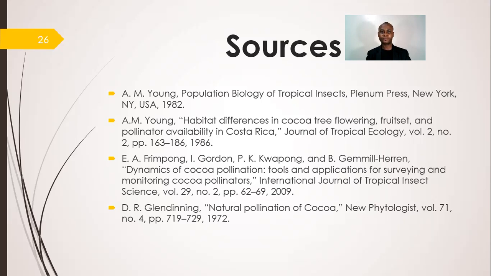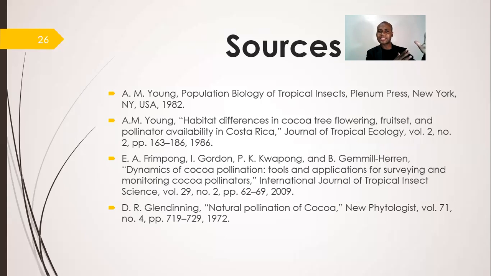Mom Joy is asking, can stingless bees also pollinate cacao? Actually, there are about 2 or 3 types of stingless bees. There is one particular type of stingless bee that is very small that can pollinate the farm, because their size is around 3 millimeters only.